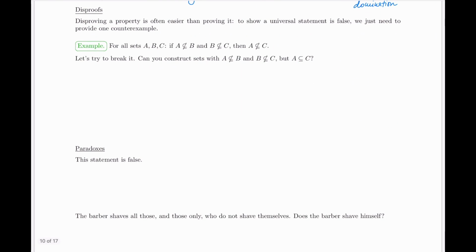So in this particular case, let's try to see what we're after. For all sets, we are going to disprove this fact. If A is not a subset of B and B is not a subset of C, then A is not a subset of C. Now, this is a conditional if-then statement, so let's recall the logic here.